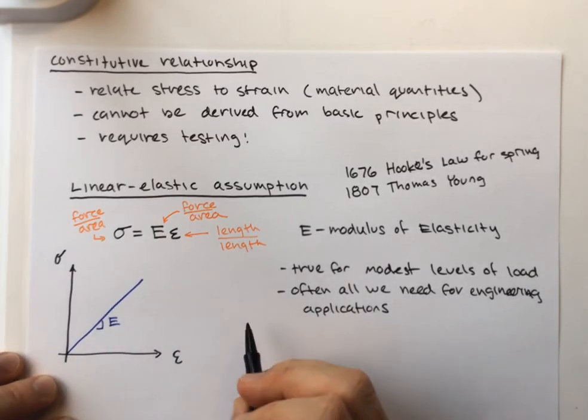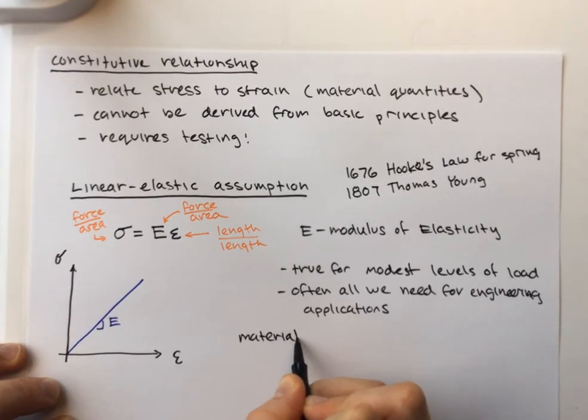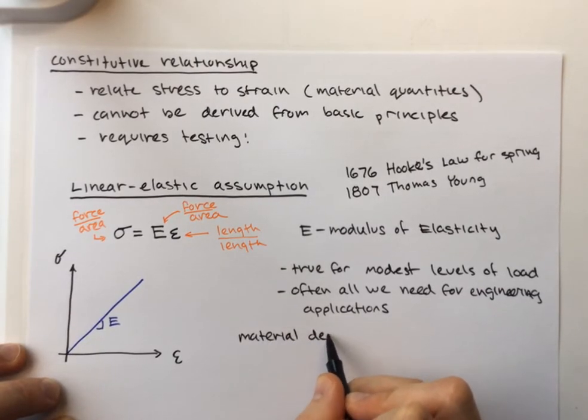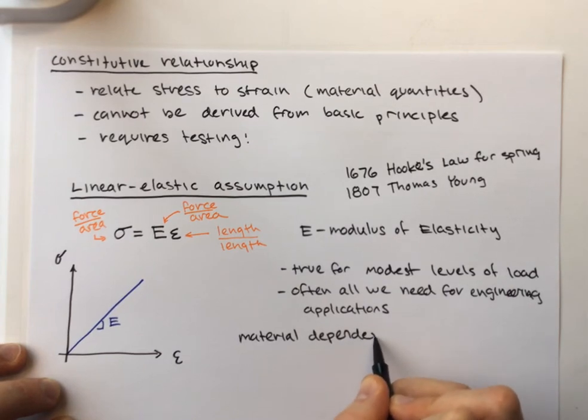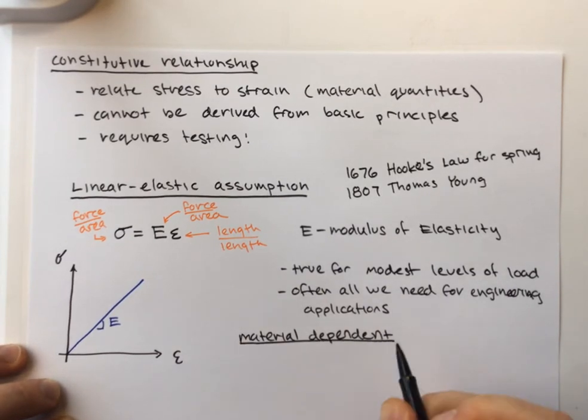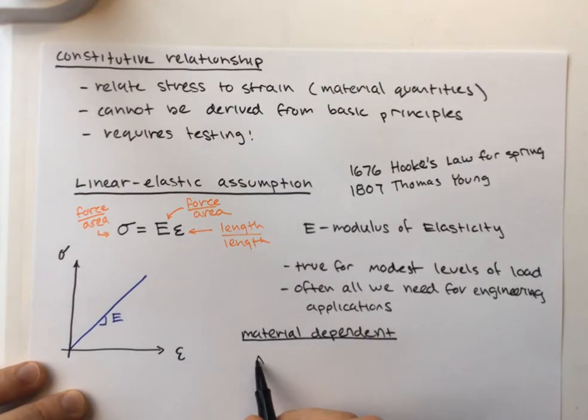And just to talk a little bit about materials, some different materials here. So the elastic modulus is material dependent, and I wanted to just give you a few values for some different materials.